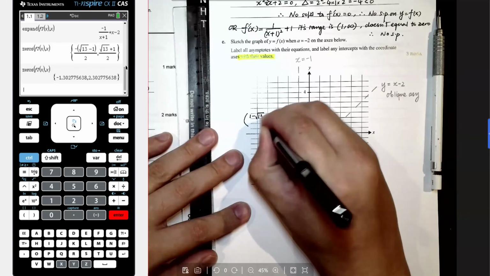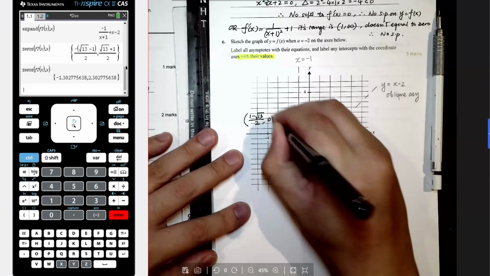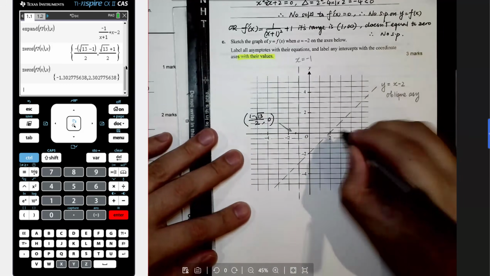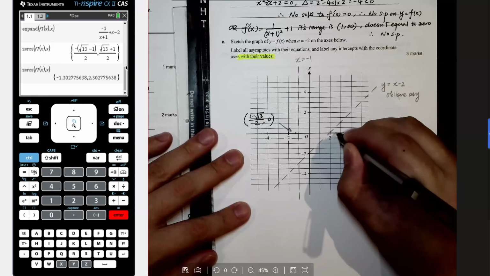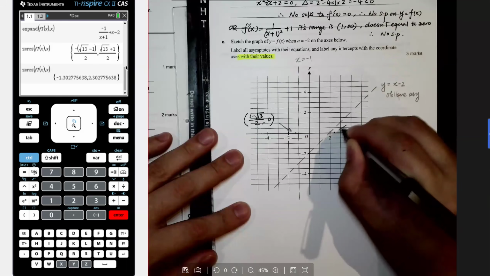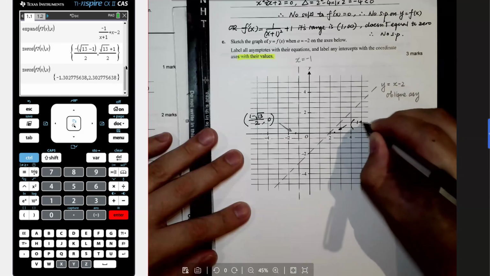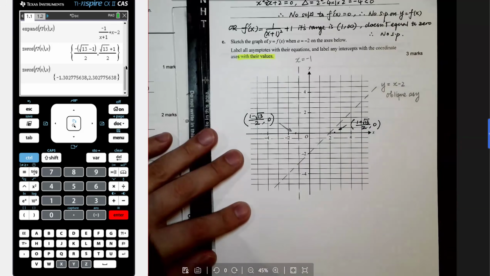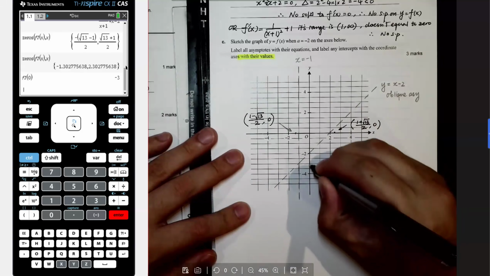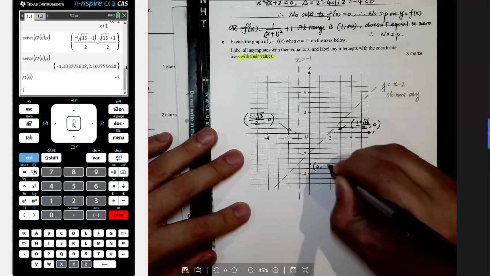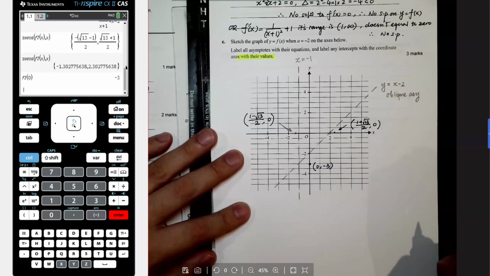(1 minus root 13) divided by 2, 0. And 2.3 something. Here. Plus root 13 divided by 2, 0. And also you can calculate f of 0, minus 3. 0, minus 3.